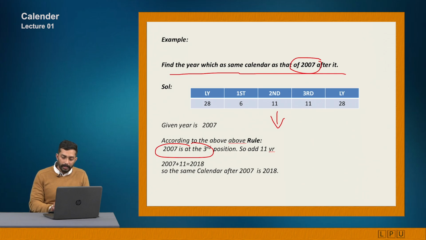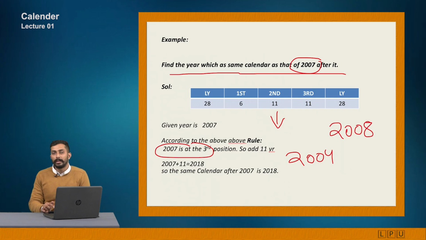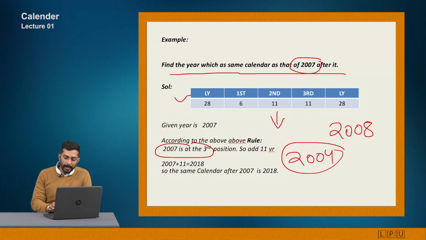You can take 2008 as reference, or you can take 2004. 2007 is the third position from 2004, the leap year, and that is why we add 11 years to the year and get the answer as 2011.